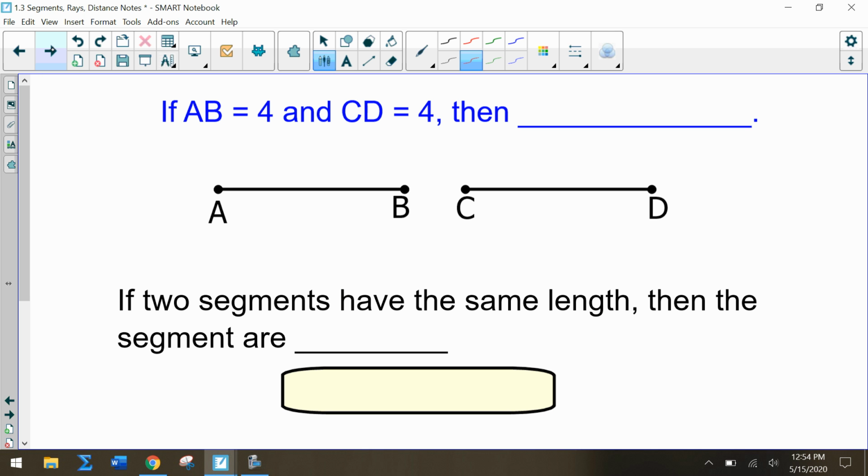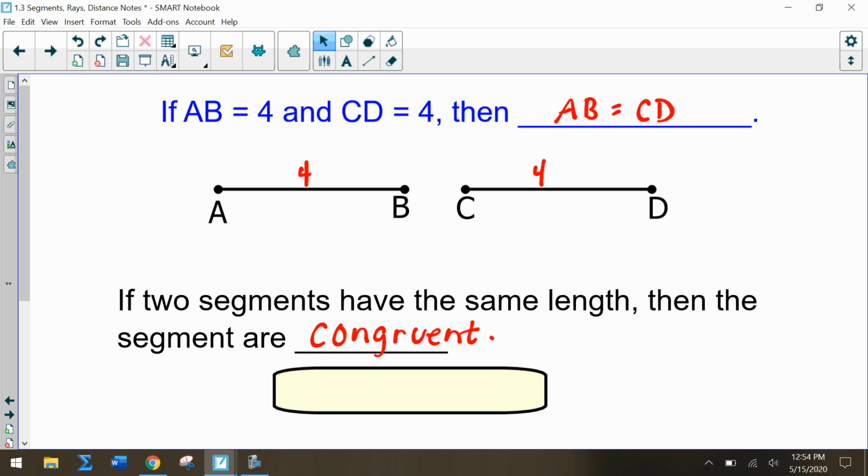All right, so if AB, without the bar above it, so the length of AB is 4, and the length of CD is 4, then don't we know that these lengths are equal? Okay. So if 2 segments have the same length, then we can say these segments are congruent. This is a new word that we have with geometry.